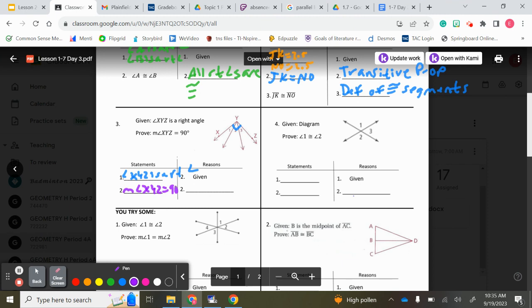No, actually, this one I might have to give to you guys. Sorry about that. I thought it was on here. It's not. All right, so this is going to be the definition of a right angle. And that makes sense, right? Because we know by the definition of a right angle that we get a 90-degree angle, right? Not to use the word right too many times, but yes.